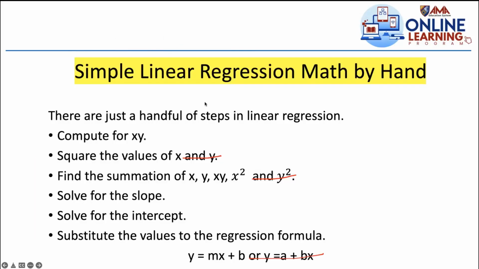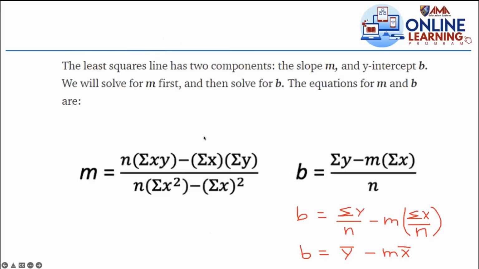Okay, class? So these are the formulas for the M and B. And this is for the B. The M and then the B. Okay, so you can use this or split it into 2 so that you can use the mean. This is just the mean, and this is the mean.